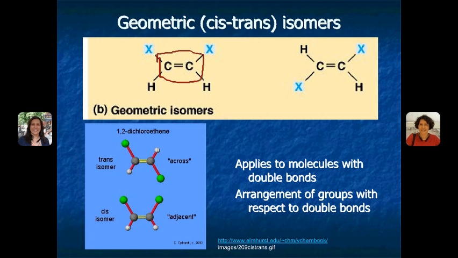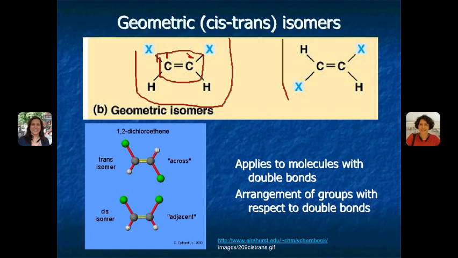In this case, the first carbon atom has an X on the top and a hydrogen atom on the bottom. The second carbon atom also has an X on the top and the hydrogen atom on the bottom.